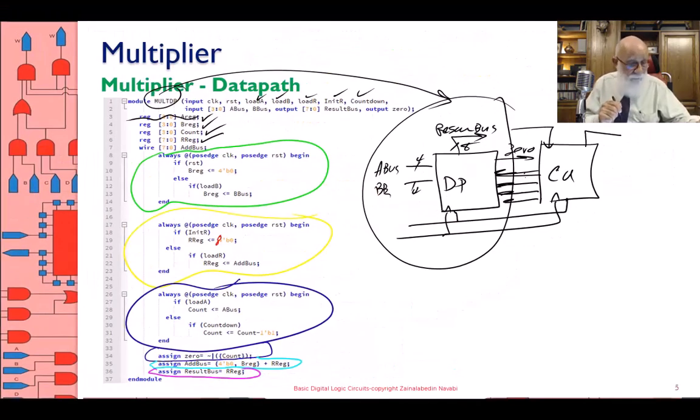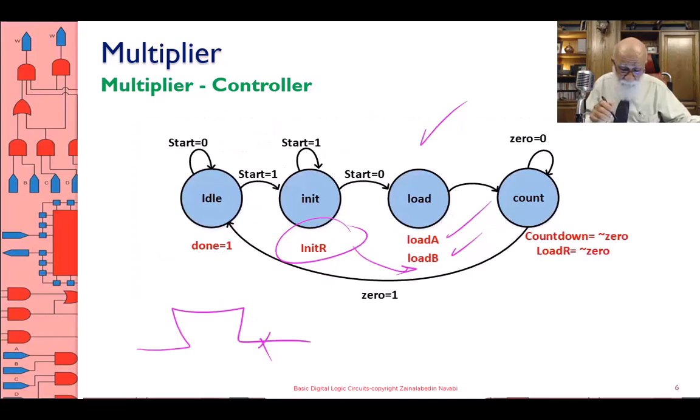So it waits there until the 0 flag becomes 1. For as long as the 0 flag is 0, it performs counting down. That means the A register keeps counting down, down, down. But when it reaches 0, there is no more counting down. It's just 0, and therefore the countdown is not issued anymore.